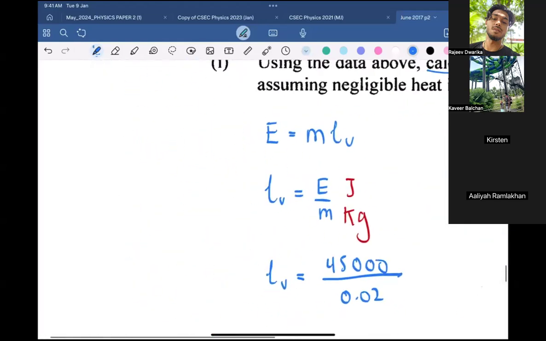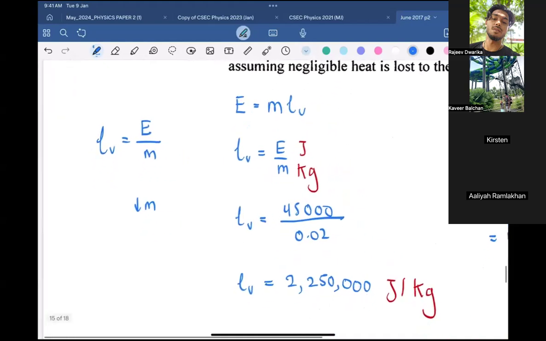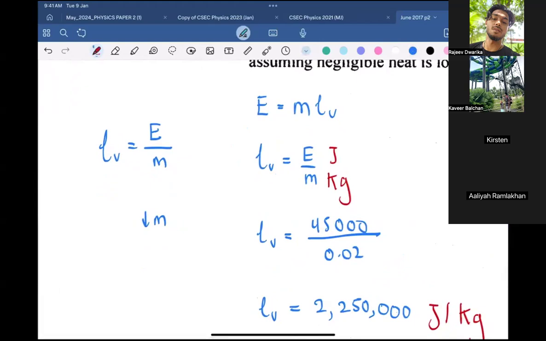So if I have a lower mass, from a mathematical standpoint, would that increase LV or decrease LV? Let me look at it from a mathematical standpoint.